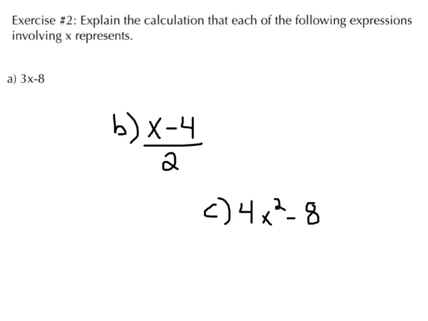Exercise number 2. Explain the calculation in each of the following expressions involving x. So what's going on with x? Well, I'm going to write for A, 3 times x minus 8.